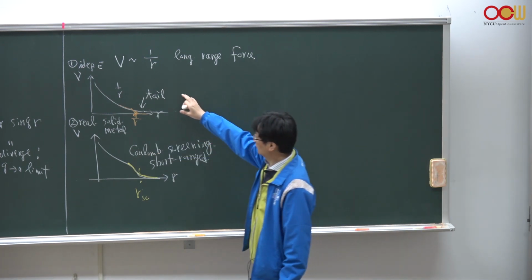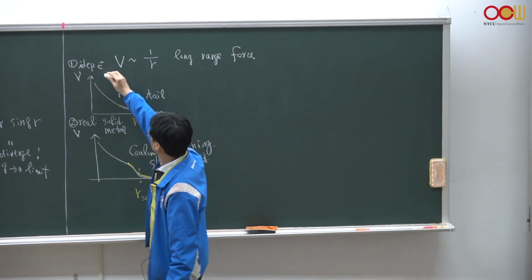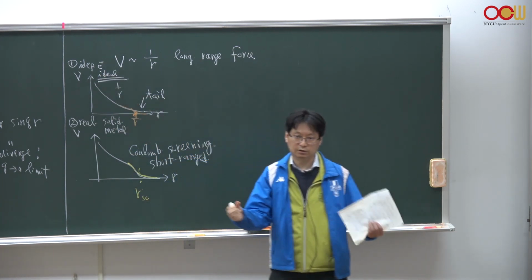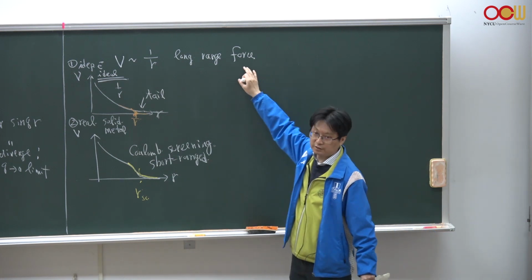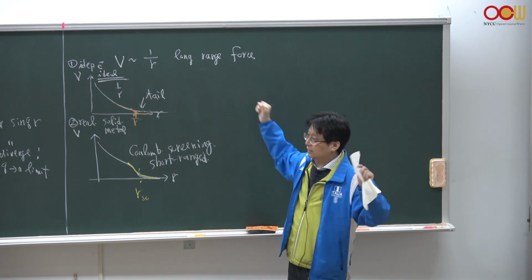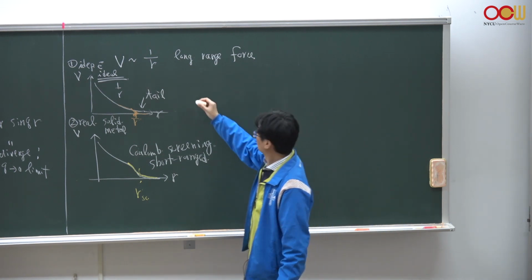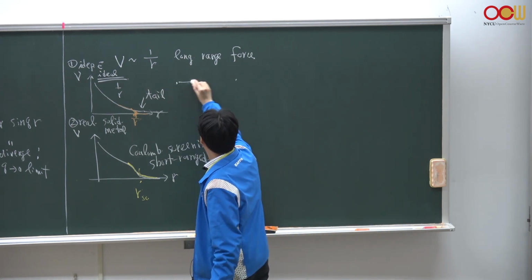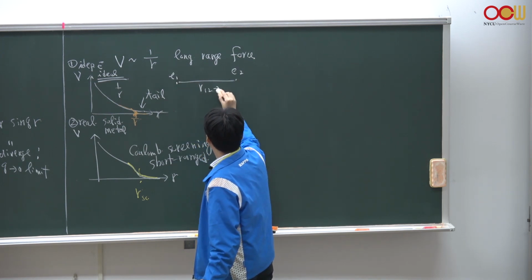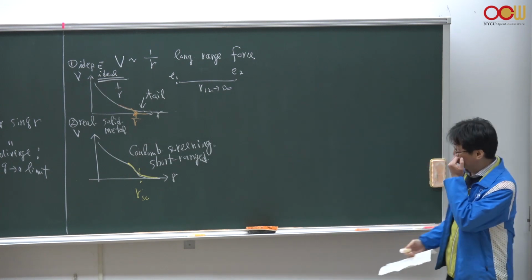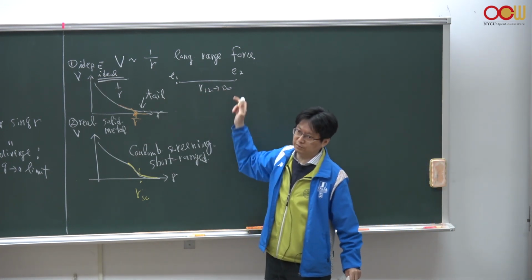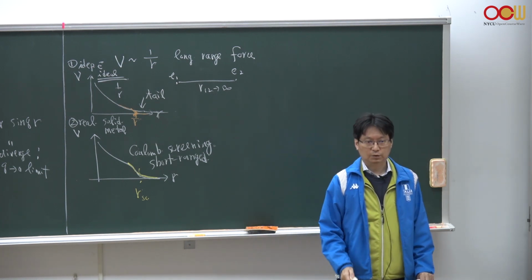But here, we simply consider an ideal case where these Coulomb interactions are long-range. Okay, so that it exists between any distance between these two electrons. It could be an infinitely long-ranged force, so that even when these two electrons are really far apart, they can feel this Coulomb 1 over R potential.